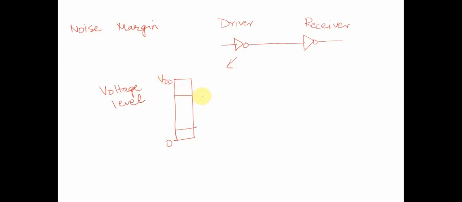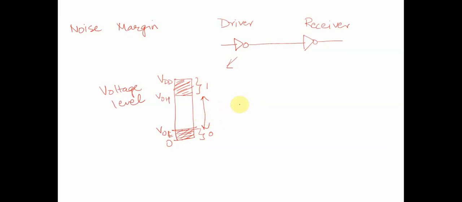The concept of noise margin says that if a particular value, let's assume this is like VOH, this is like VOL, the output lower. So basically, the concept of noise margin is something like this. In this circuit design, any voltage level which is less than VOL will assume a value of 0. Any voltage level which is above VOH will assume a level 1.